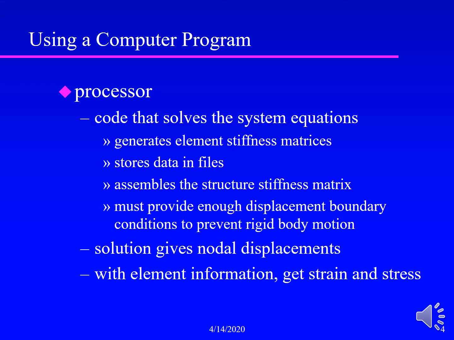Next, the displacement boundary conditions are applied to prevent rigid body motion. Otherwise, you cannot get a proper solution, that is, the singularity will arise. Then the solution gives the nodal displacements in the processor, and with the element information, the strains and stresses are calculated.